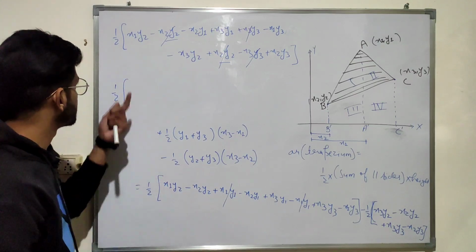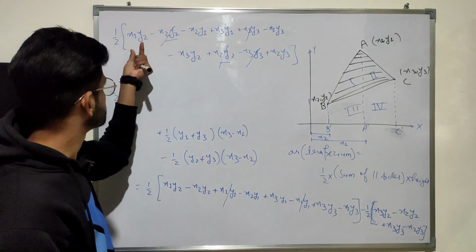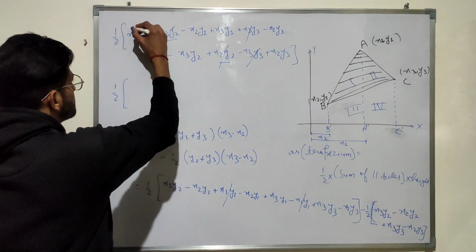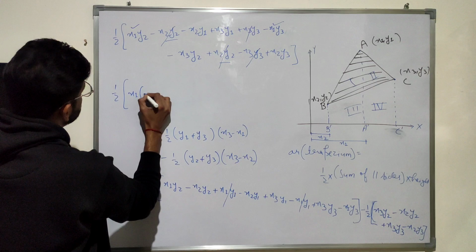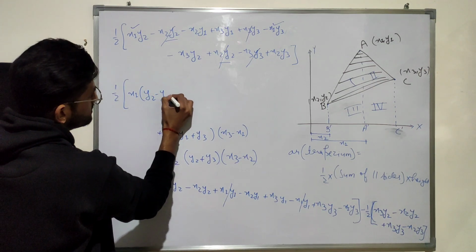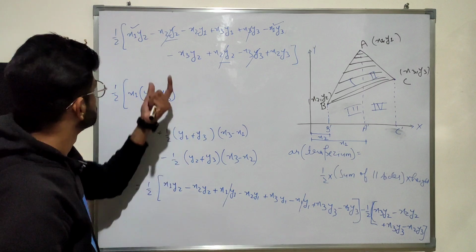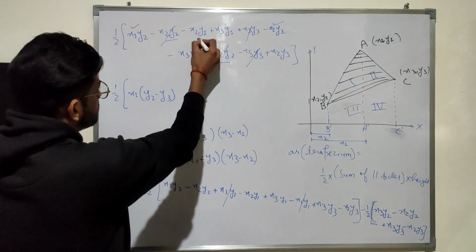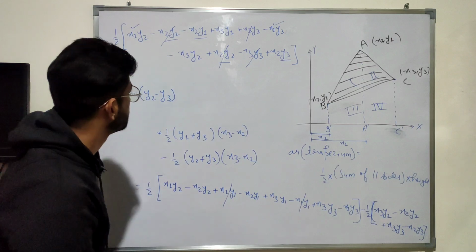What we have is x1y2 and another term related to x1, x1y3. We will take these and write x1 common, then we can write y2 minus y3. Again, x2y1 and another term related to x2 is x2y3.